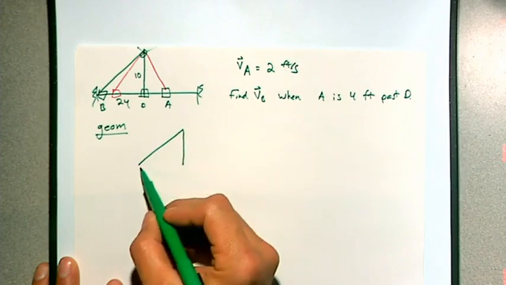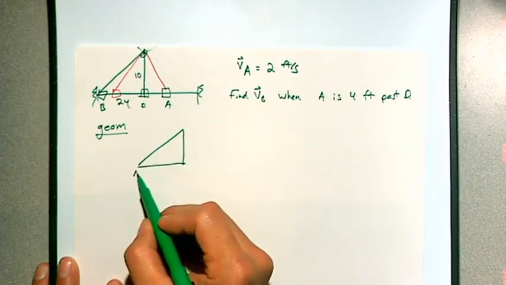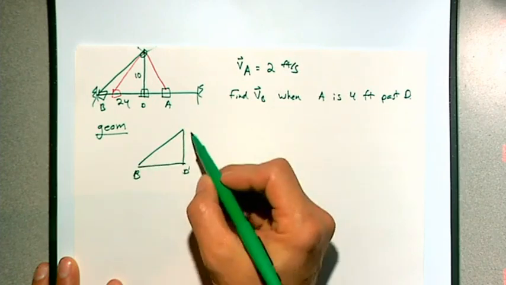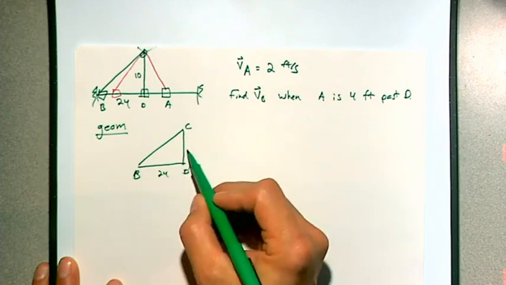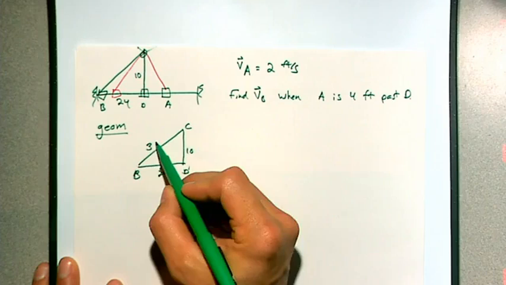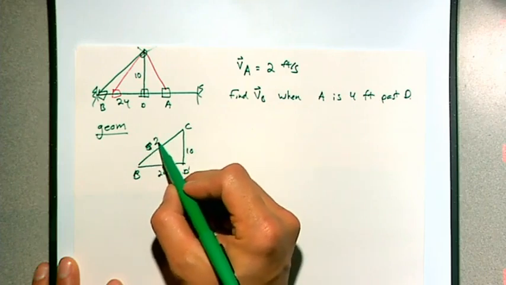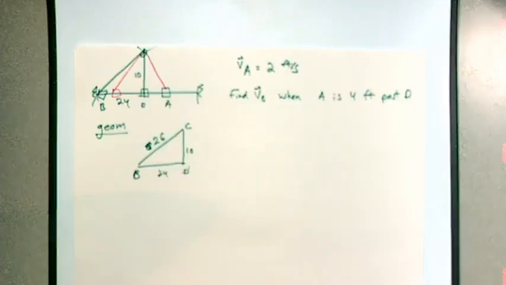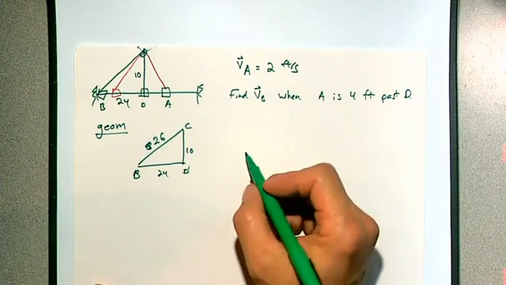Because we know at some point, this triangle BDC, 24, 10, and I just solved that, 26. All right, so I've got that.